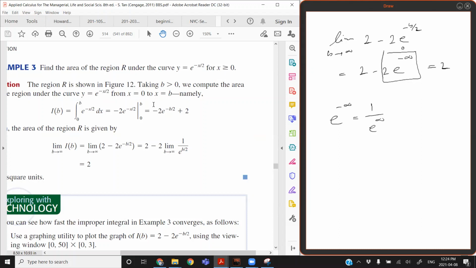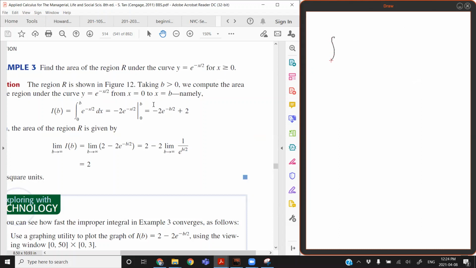So very quickly, what I did was I want to calculate the area from 0 to infinity of e to the power of negative x over 2 dx. I write that as a limit. I replace this infinity here with b, and then b approaches infinity.